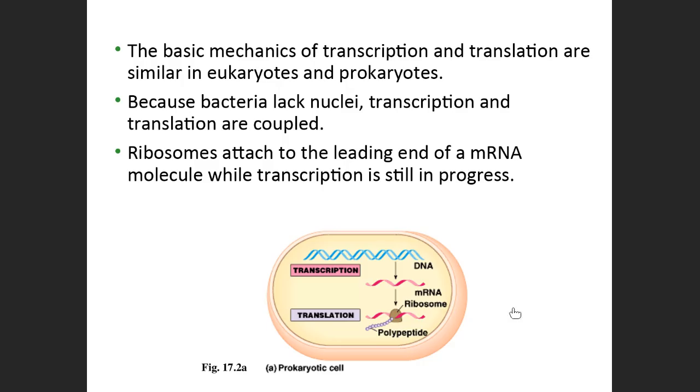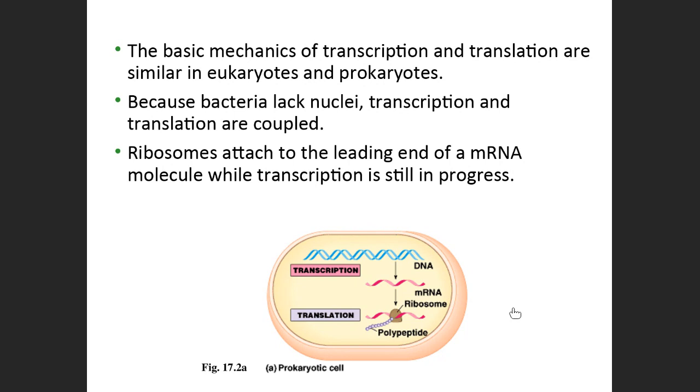So when it comes to transcription and translation between eukaryotes and prokaryotes, they're basically the same. There are some minor differences, like how we mentioned with DNA replication. 3 main bacterial enzymes, DNA polymerase 1, 2, and 3. Eukaryotes have many different kinds of polymerases, but the general process is the same.